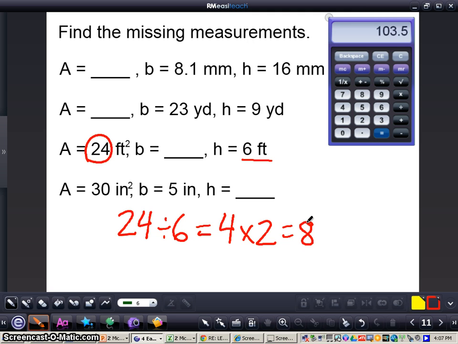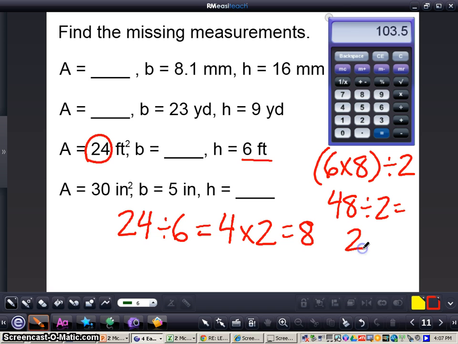Just plug it in: 6 times 8 divided by 2, that gives us 48. 48 divided by 2 gives us an area of 24. So the missing measurement here would be 8 feet, not 8 feet squared or anything like that, just 8 feet for the base of this problem.